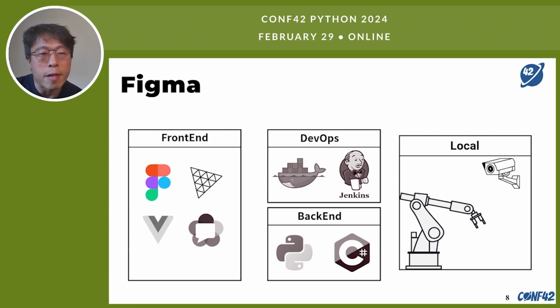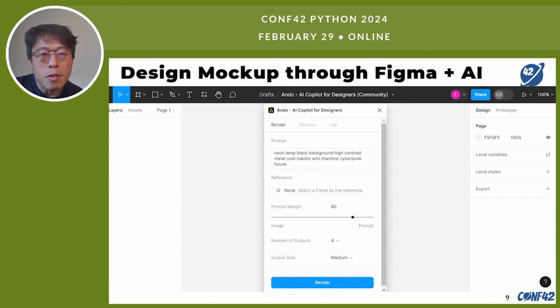We use the Figma tool to design our mockup, right? So you can see how we design the mockups through Figma and artificial intelligence as well, generated automatically by prompt message. Like you see in the center of the picture, we put a lot of keywords in the prompt box.